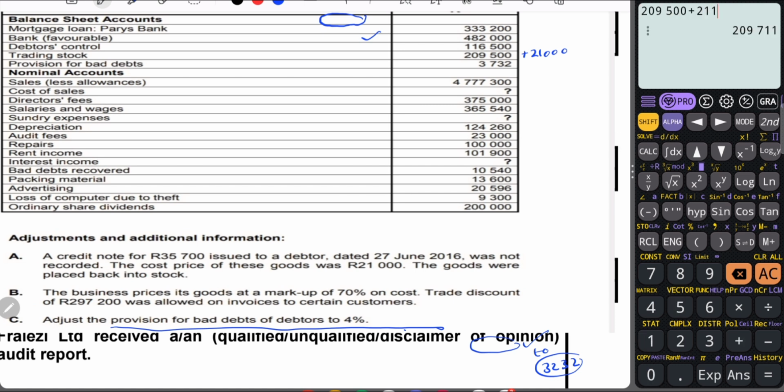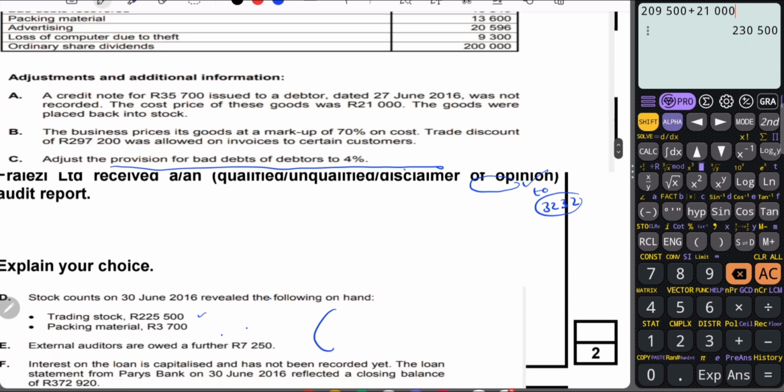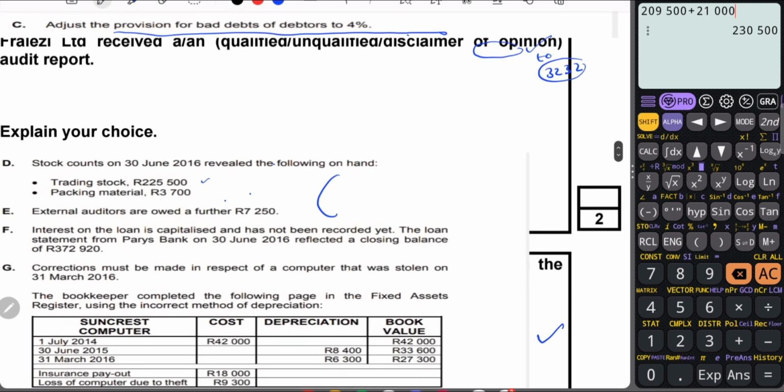Plus 21,000 is 230, so we are given 230 there. And then when we check, after they counted the stock, it moved from 230 to 225. It means there is a problem here. There is stock that is lost.